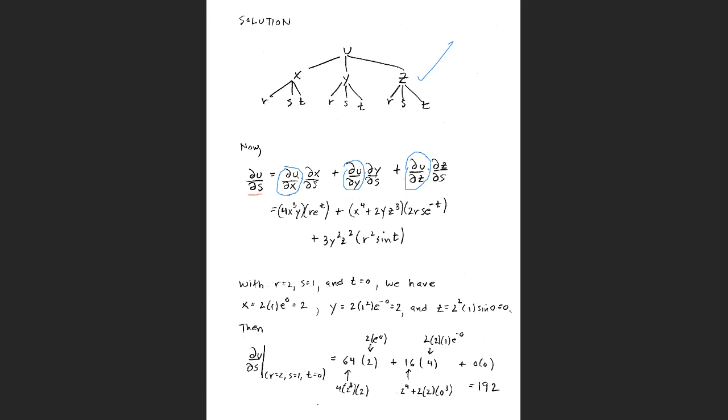But x is dependent on r, s, and t. Okay, but I don't care. Since I'm doing the partial derivative of u with respect to x, I care how x depends on s. How does x vary with s?